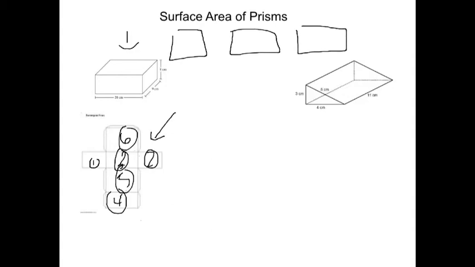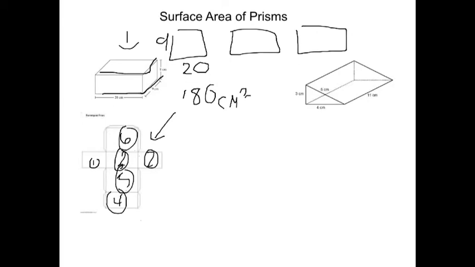So I know that one of my shapes is going to have measurements of 6 and 9, because if I look at this, the shape on the bottom and the shape on the top have a length of 20 and a width of 9. Okay, so I know that one rectangle would have 180 centimeters squared as its area.